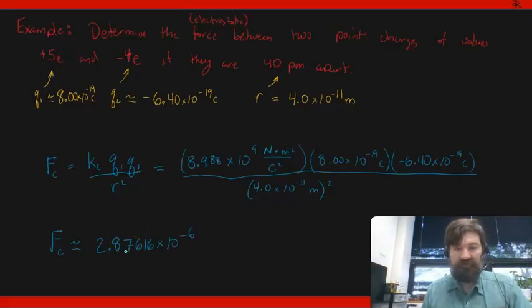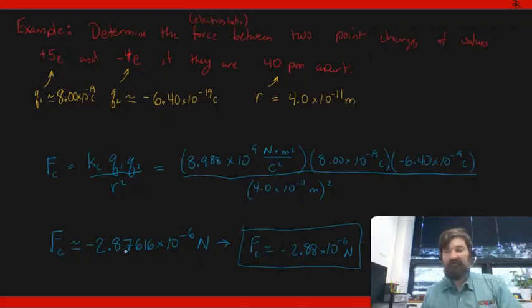2.87616 times 10 to the negative 6 newtons. If we round that off to 3 significant figures, this would give us about negative 2.88 times 10 to the minus 6 newtons as our answer here.